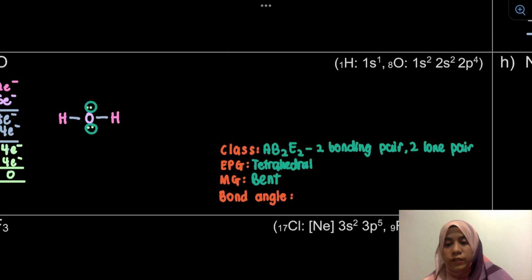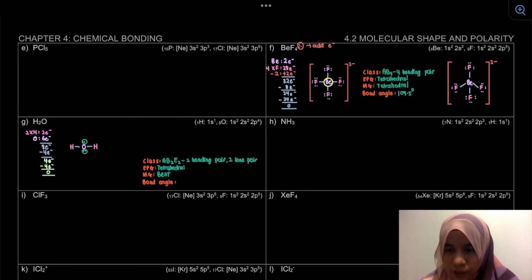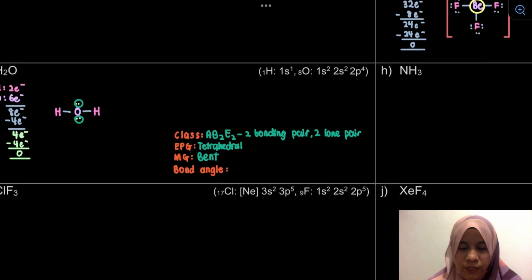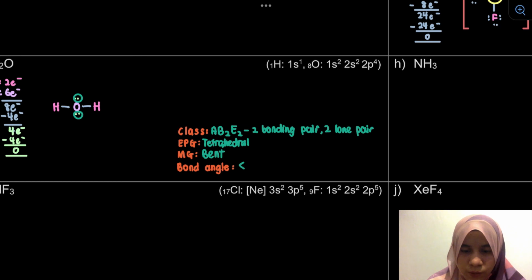Okay, if it is tetrahedral, we said the bond angle is 109.5. With the presence of lone pairs, the repulsion is greater. So when the repulsion between lone pair and bond pair is greater, the bond angle would be less than 109.5, less than our original electron pair geometry.